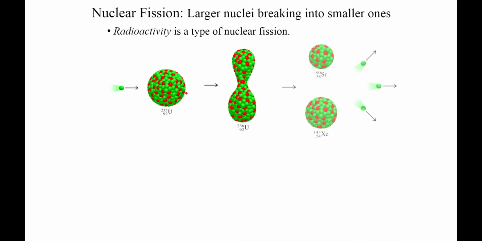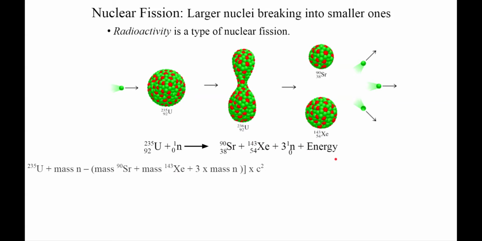Radioactive decay, which we started with, is a type of nuclear fission. As it spits out alpha particles, beta particles, then you're getting smaller stuff. Uranium is already radioactive, but we could fire neutrons at it and it will undergo spontaneous fission to get these really large particles given off, plus some more neutrons and a whole lot of energy.